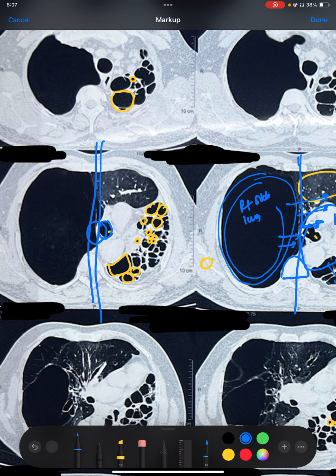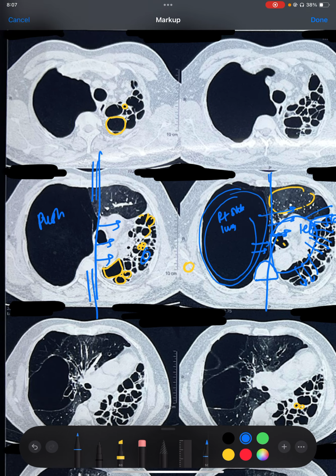So it should have been like here, and this mediastinum should have been like here. But in this image, this heart is completely shifted to the left side because it is pushed by this right-sided structure and pulled by this fibrocystic disease.